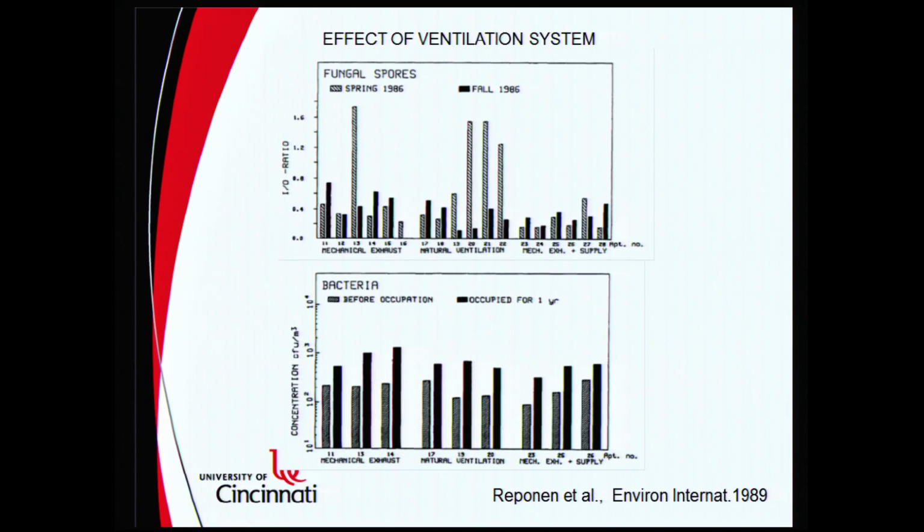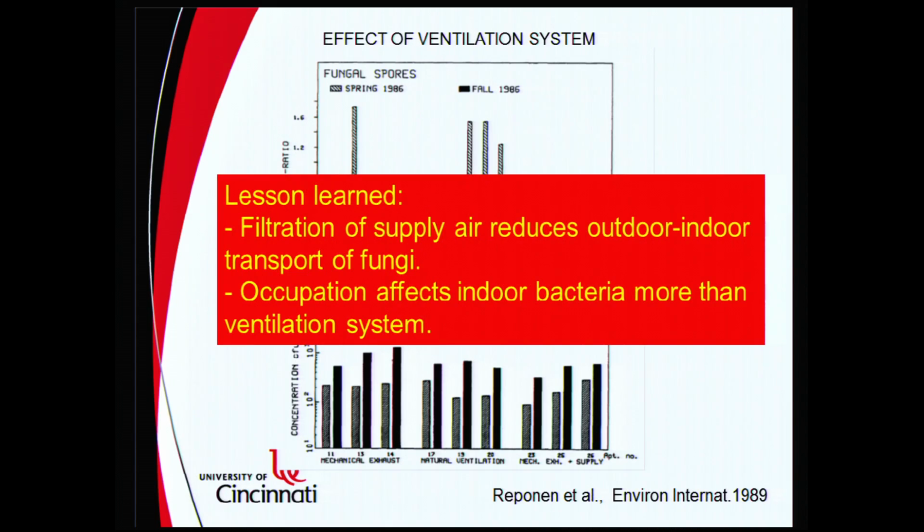Going to the conclusion from here, what we learned is that the filtration of supply air in the mechanical supply units reduces the outdoor-indoor transport of fungi. But it did not have an effect on bacteria because the bacteria were more affected by the occupation than the outdoor environment.